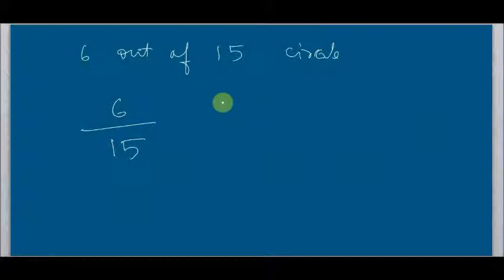Now I am coming to finding equivalent fractions. This one is a little bit difficult for a grade 4 student, but I will make it very easy. Okay, suppose fractions are given here, 7 by 11 and 21 by 33.